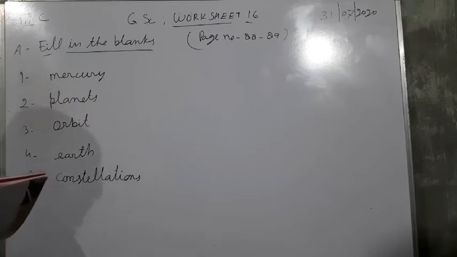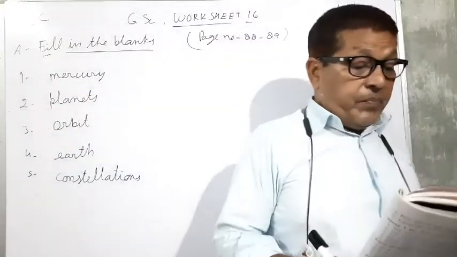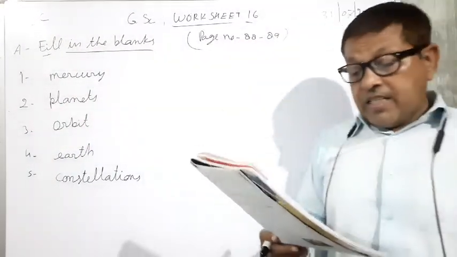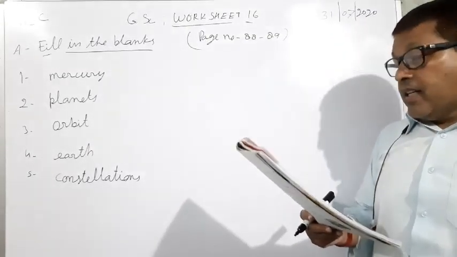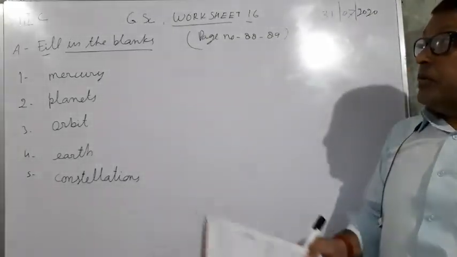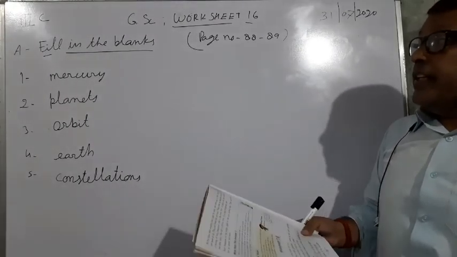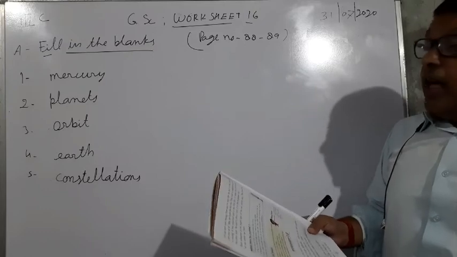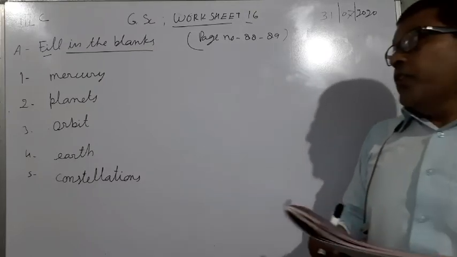Fourth, the Earth is the only planet where life exists. Fifth, groups of stars making patterns or shapes are called constellations. First you fill these in your book, and then you write the complete sentence in your notebook.